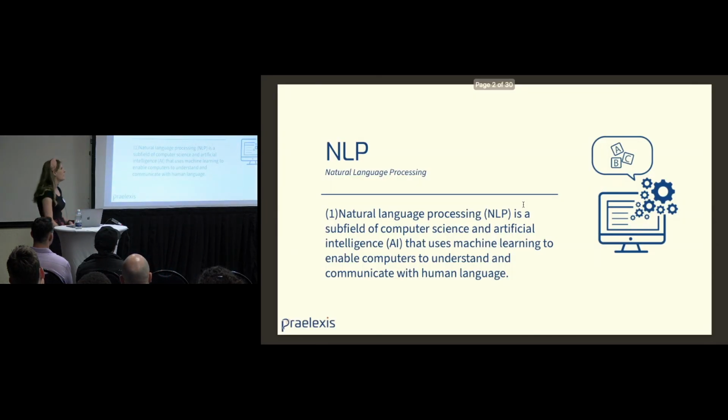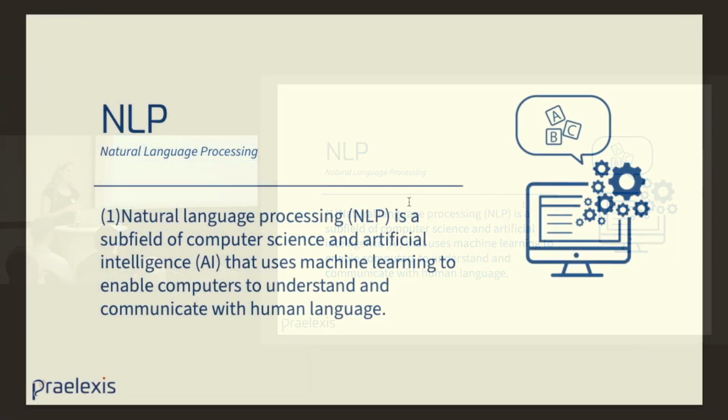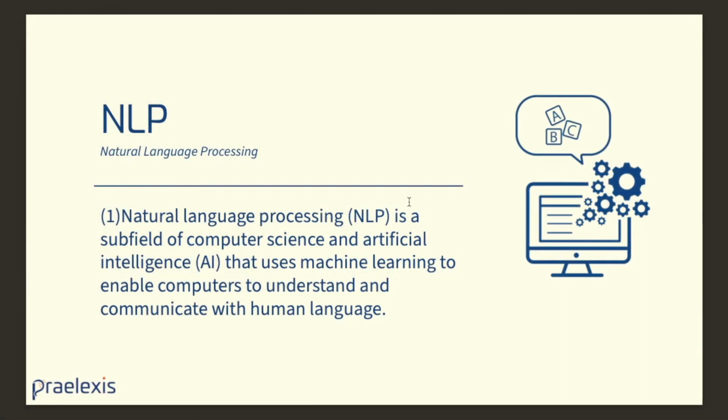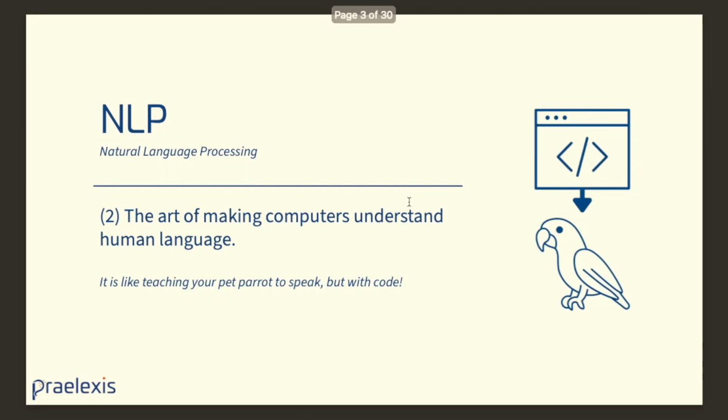So just to start off, I'm going to give a very brief overview of NLP and some translation problems that we have. Most of you already know NLP is a subfield of computer science and AI, where we look at using machine learning or AI to help us understand human language using computers. But if you are like me, I like simple explanations for everything.